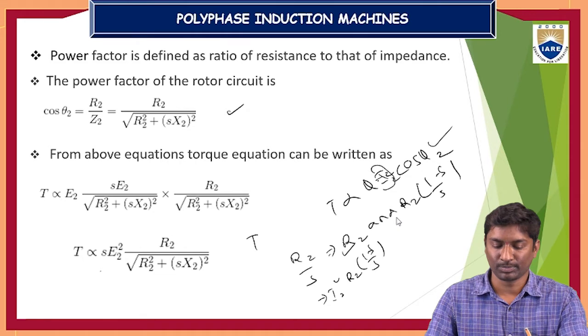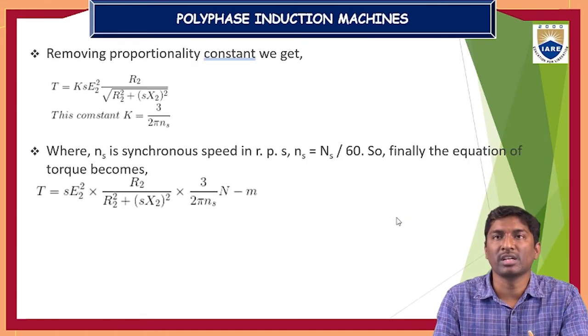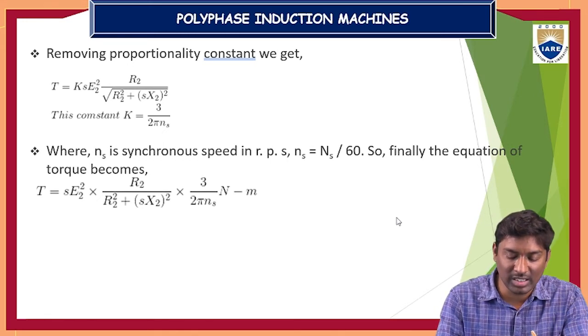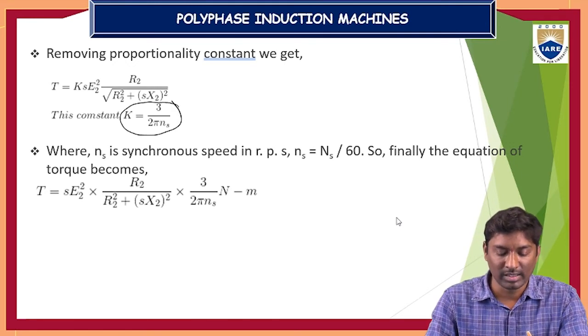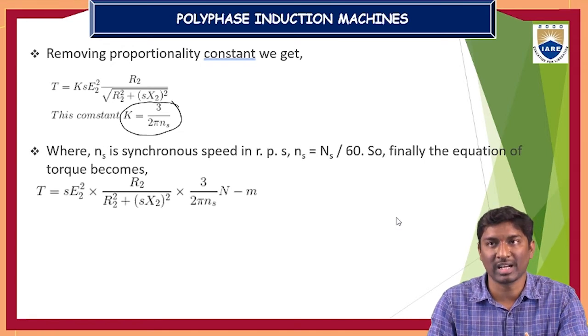Removing the proportionality constant, we get torque is equal to K into S into E2 squared into R2 divided by (R2 squared plus (SX2) squared). This constant K is nothing but 3 by 2 pi ns, where ns is the synchronous speed in revolutions per second, that is ns equals N_s by 60, which you can convert to revolutions per minute.